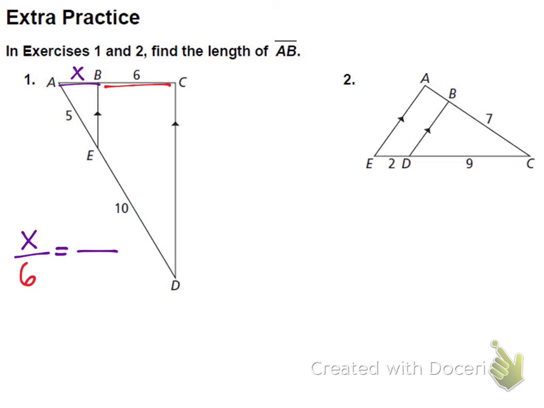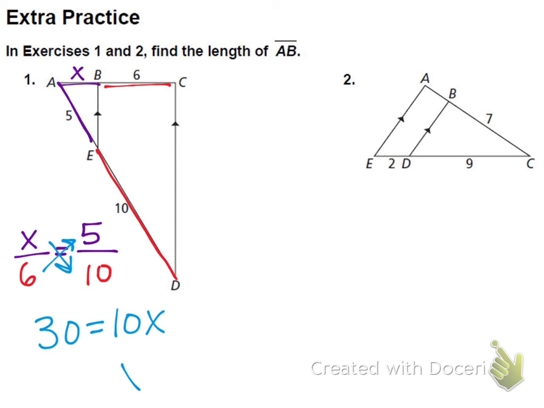And it will equal 5 over 10. Cross multiply. 30 equals 10x, so x equals 3. So remember, you're saying the length of AB is 3.